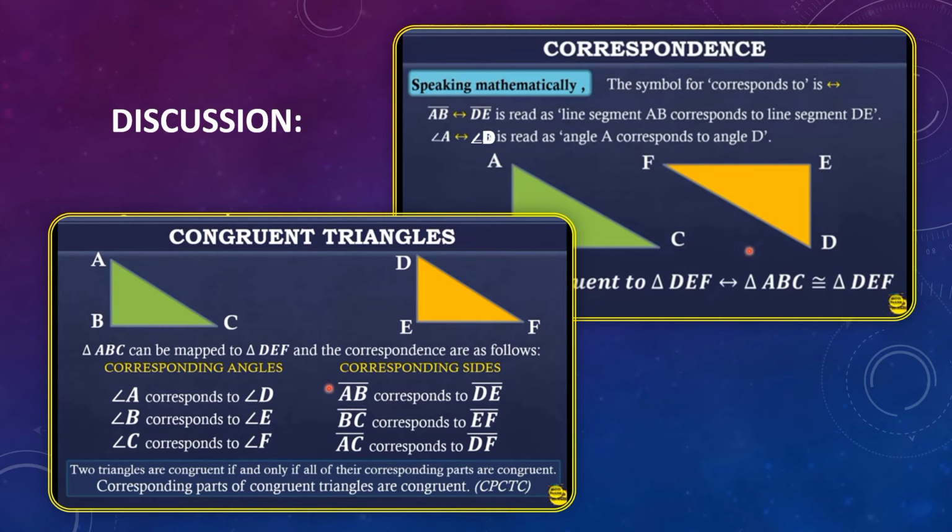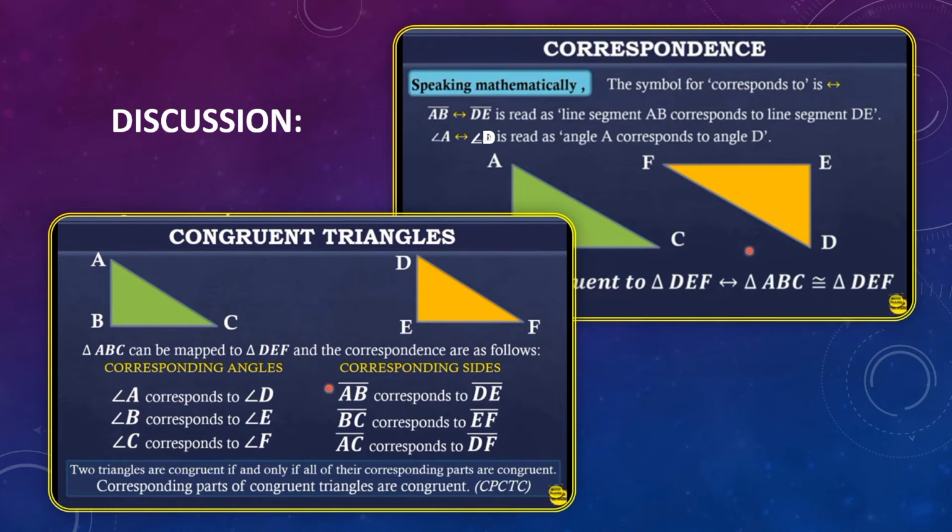Now, kitang-kita na natin na dito magkamukha na ang dalawang triangle. Inayos na overlap natin, kaya ito ang naging kalabasan. So we have triangle ABC that can be mapped to triangle DEF.